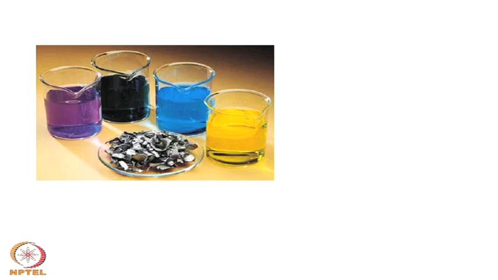Now, if we modify the ligand system or the oxidation state of the metal ion, we get all these different colors. In the VIBGYOR spectrum we have 6 basic colors, but from a single metal itself we can get 4 such colors, and these are very beautiful colors.